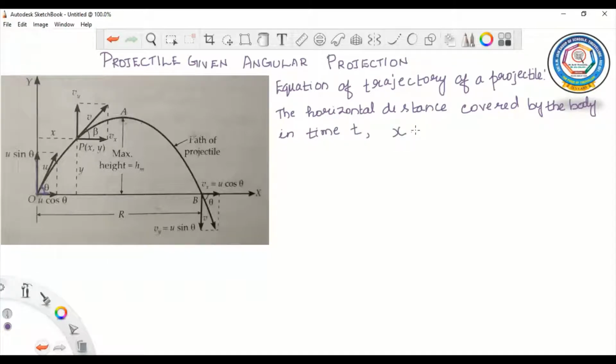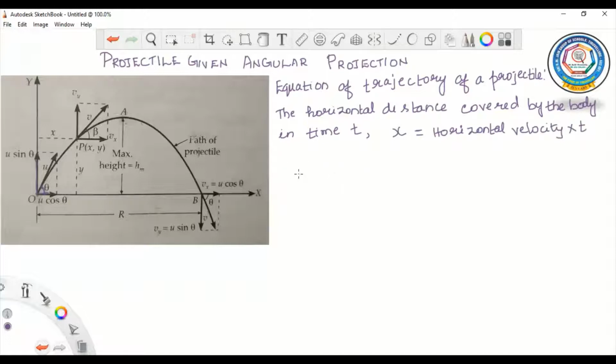Normally distance can be calculated by the formula velocity into time. So here x is equal to horizontal velocity into time.